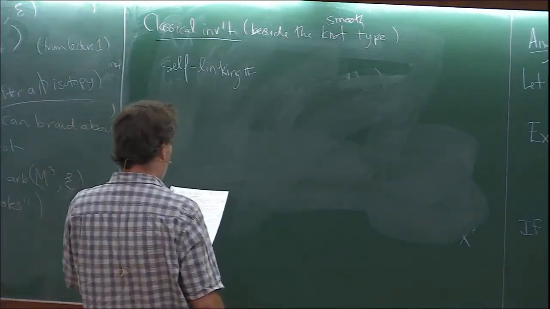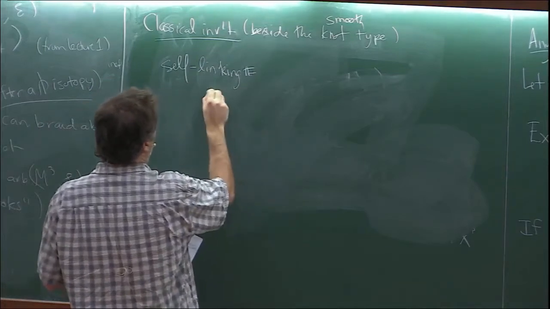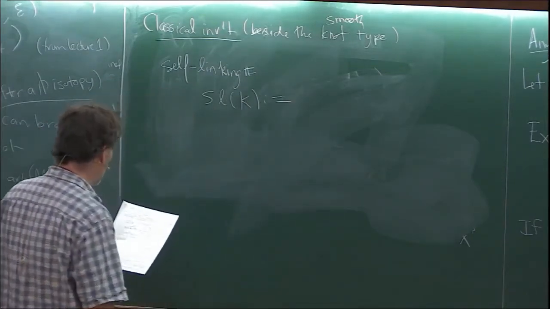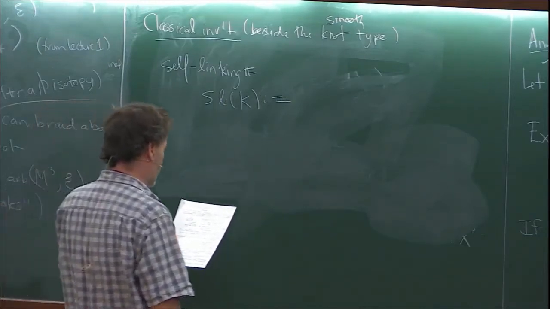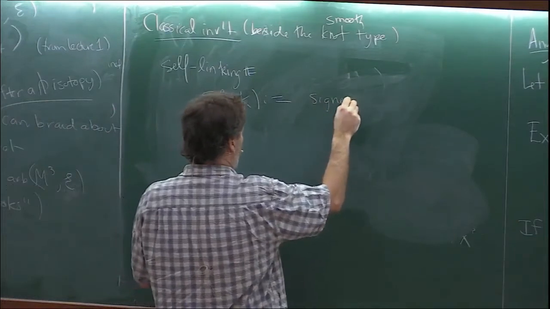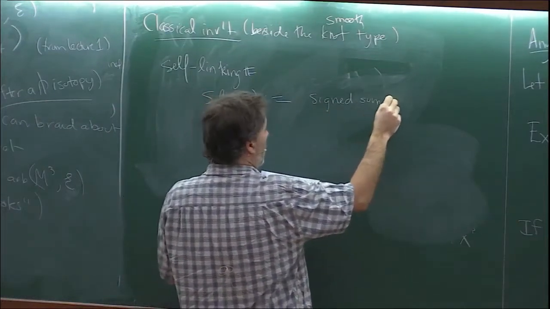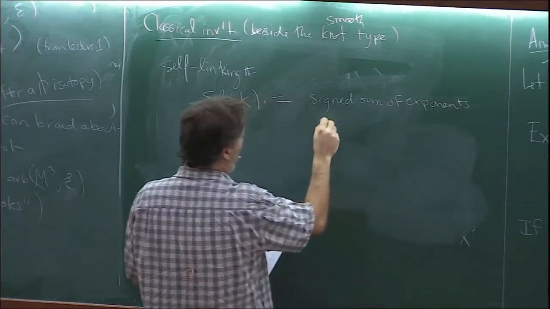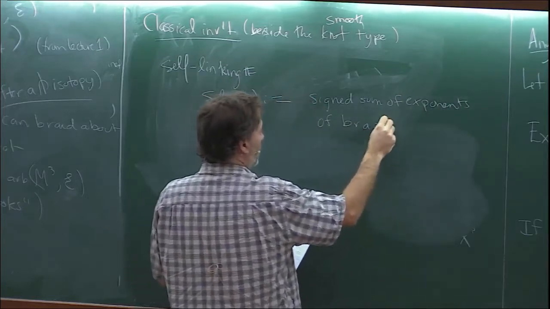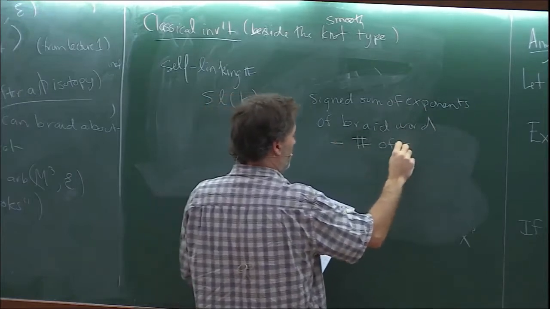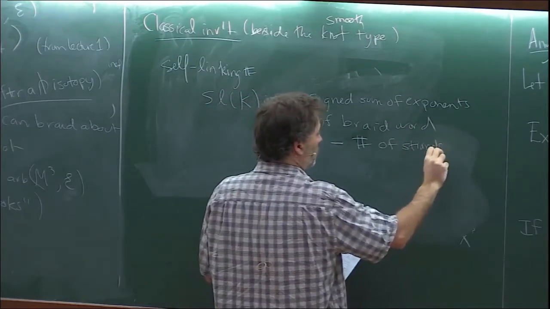You can define it as the signed sum of exponents of the braid word minus the number of strands of the braid.